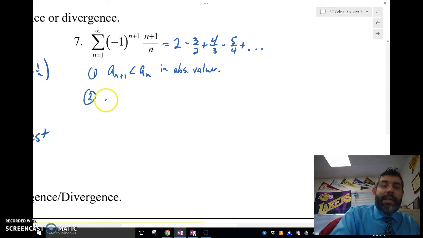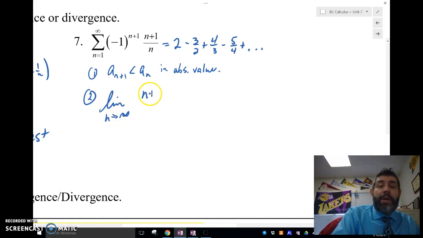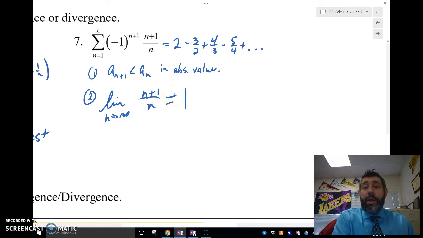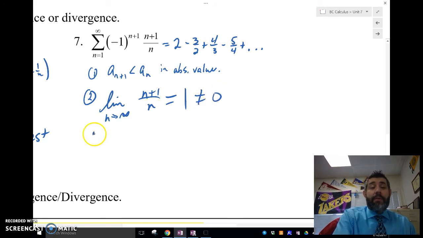The second thing we need to do is check the limit as n approaches infinity of n plus 1 over n. That limit is actually 1. And according to the nth term test for divergence, this is divergent.